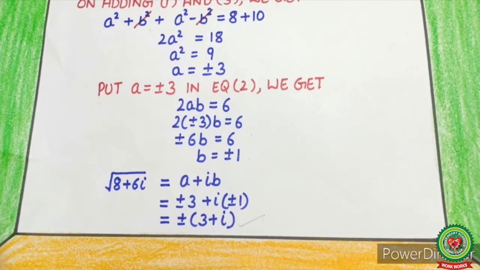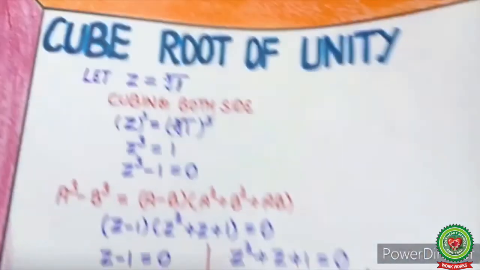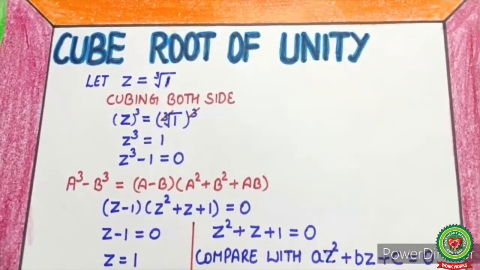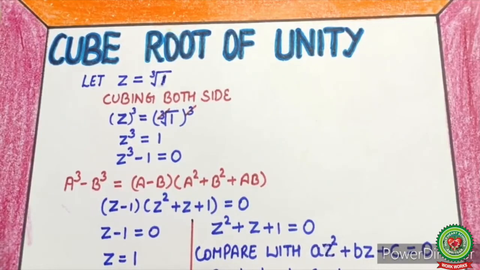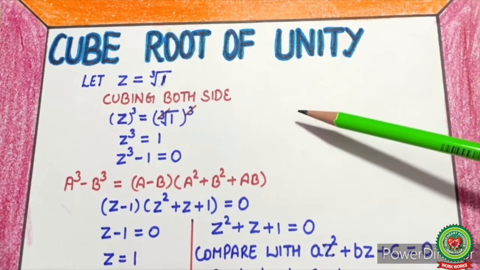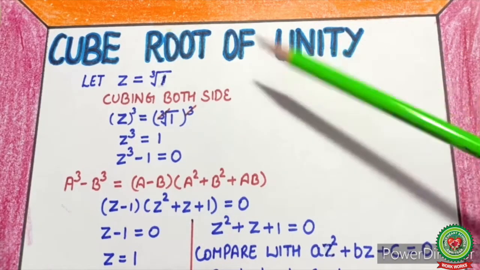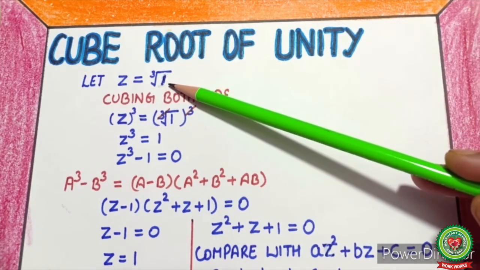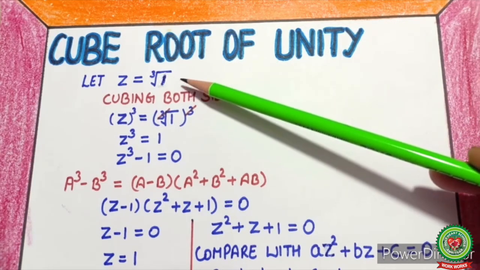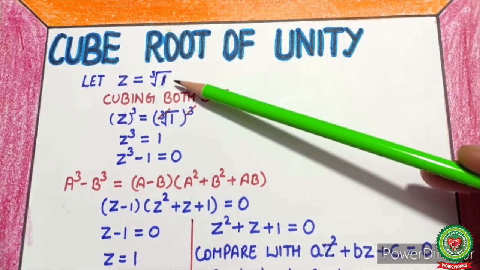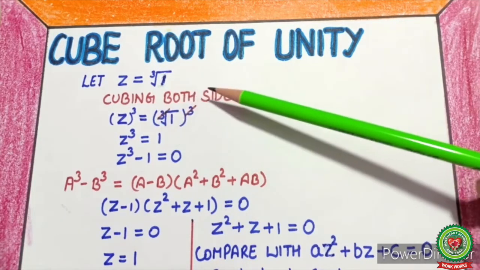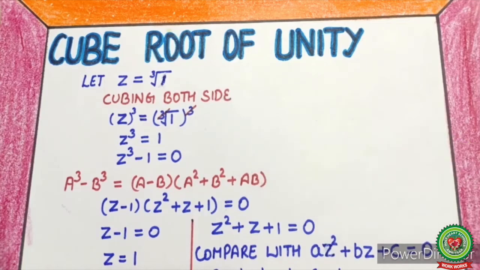Now come to the cube root of unity. According to the cube root of unity, our question is to find the cube root of unity, meaning 1. First of all, let z equal the cube root of 1. To remove the cube root sign, we are going to cube both sides.